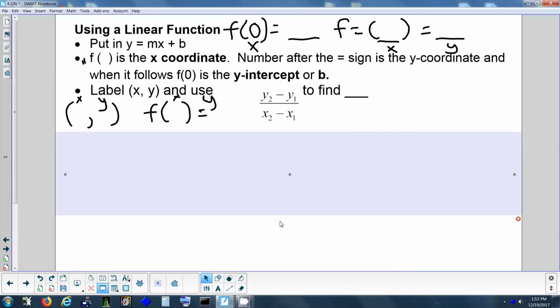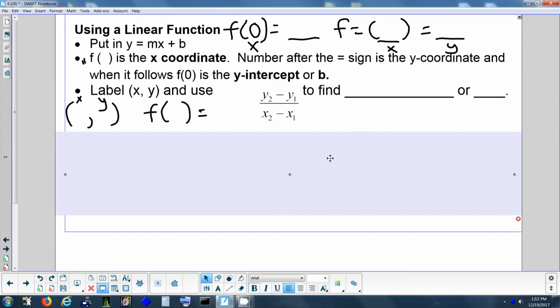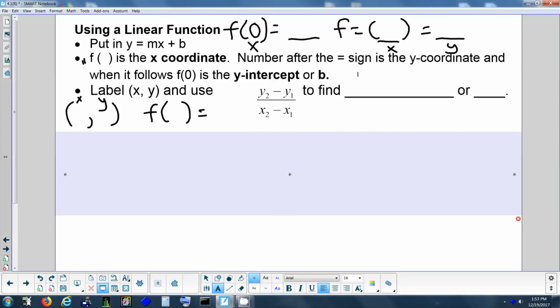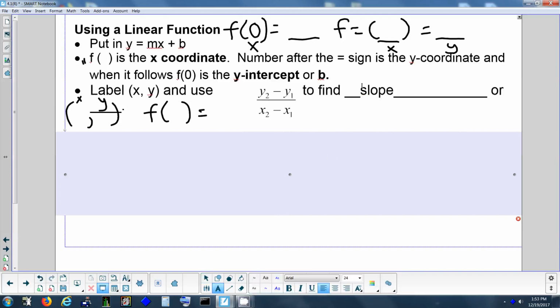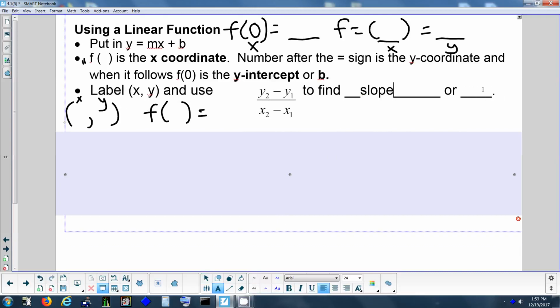So we label x and y, same thing. We'll still use the y2 minus y1 over x2 minus x1 formula to find the slope. That'll give us our slope, or our m. So those will be the last two blanks on that page.